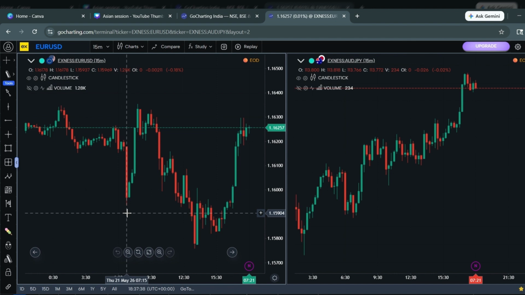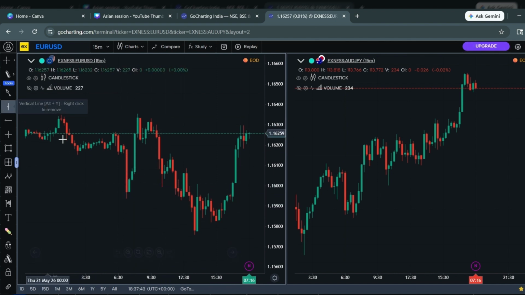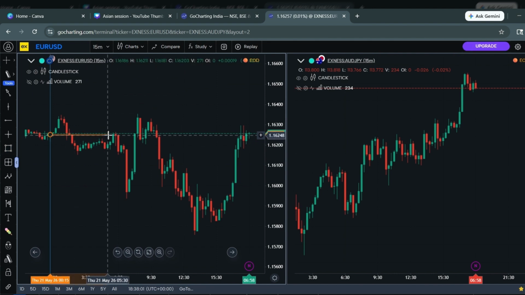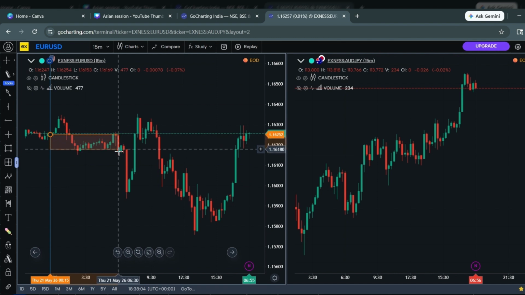So let's draw vertical line on 21st May 0 GMT. Let's mark Asian session. Asian session opens at 0 GMT to 6:30 GMT. This is Asian range.